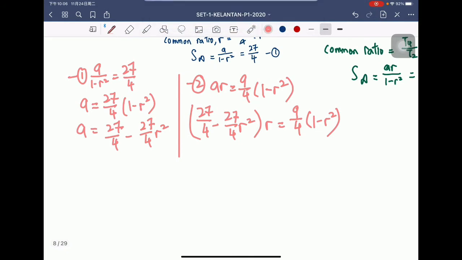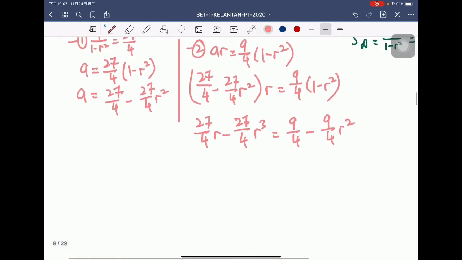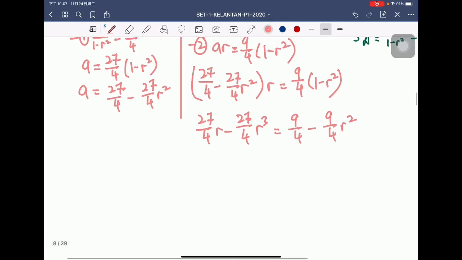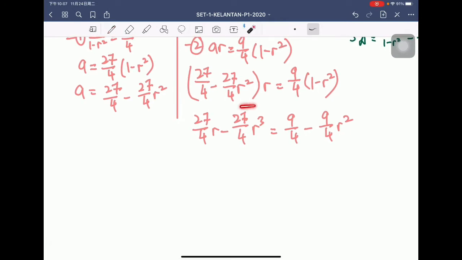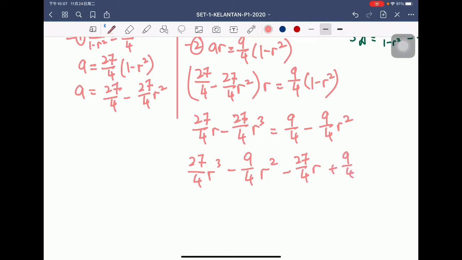So 27 over 4 R minus 27 over 4 R cubed equals 9 over 4 minus 9 over 4 R squared. And we try to arrange it to the general form. I will move the left hand side to the right hand side, so it becomes 27 over 4 R cubed minus 9 over 4 R squared minus 27 over 4 R plus 9 over 4 equals 0.